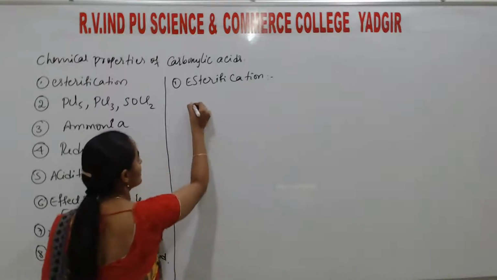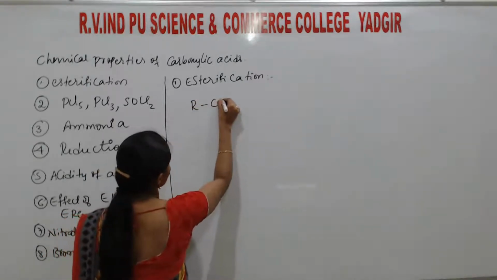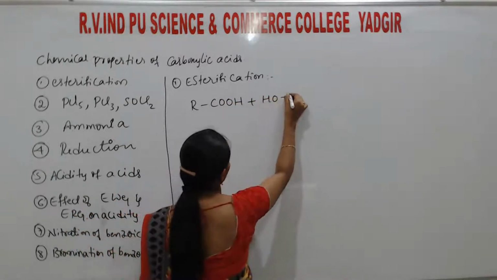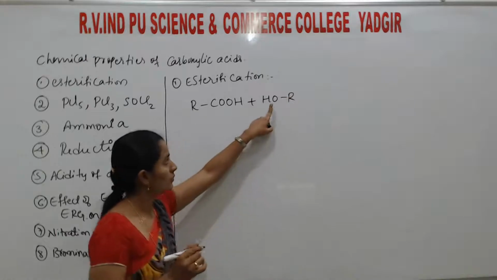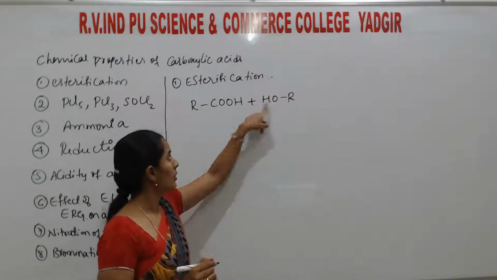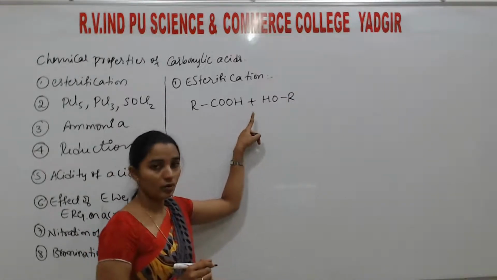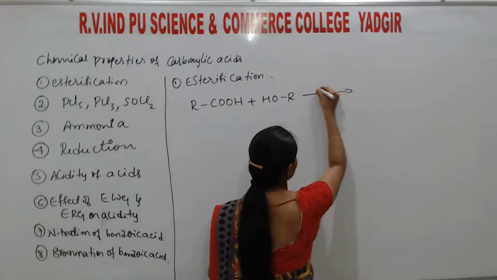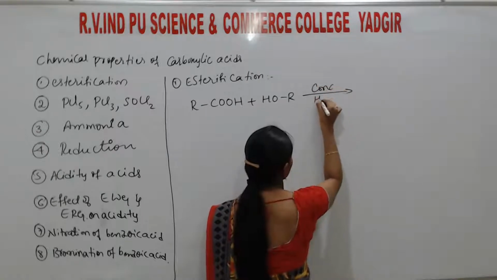So here the reagents are carboxylic acid and alcohol. I'll take them in this manner: ROH and RC double bond OH. Here we are using concentrated H2SO4.